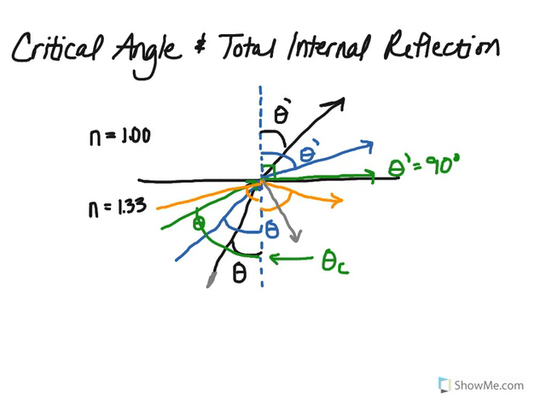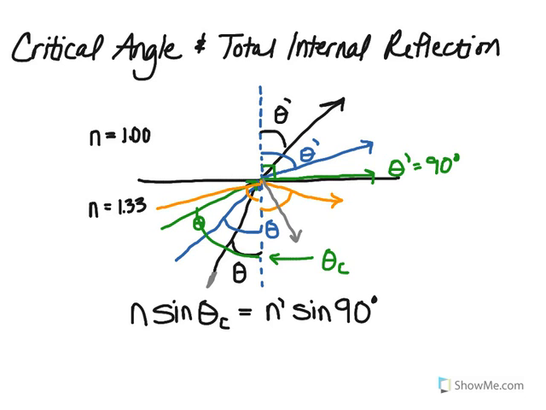So again, the definition of the critical angle is the incident angle that gives us a refracted angle of 90 degrees. So we can use Snell's law to help us determine the critical angle. And here, the incident angle is our critical angle, and the refracted angle is going to be 90 degrees.